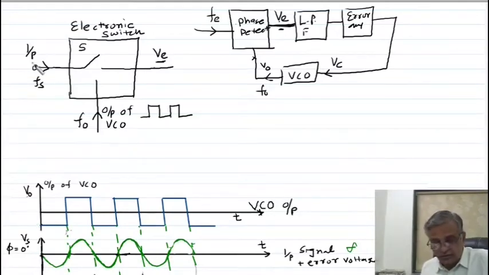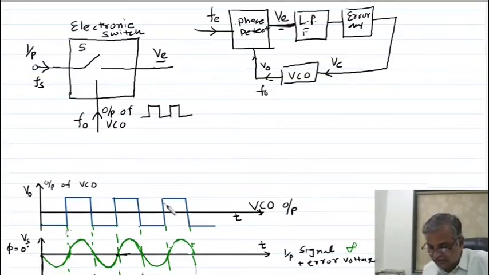The phase between the input signal FS and FO is 0. This switch is closed only during the positive half of the square wave coming from the VCO.